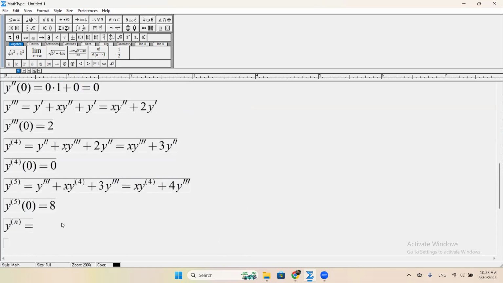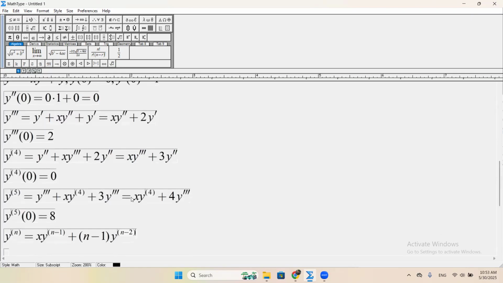So what do we actually have? So x y to the derivative of n minus first order plus n minus 1 y, the derivative of y of n minus second order.